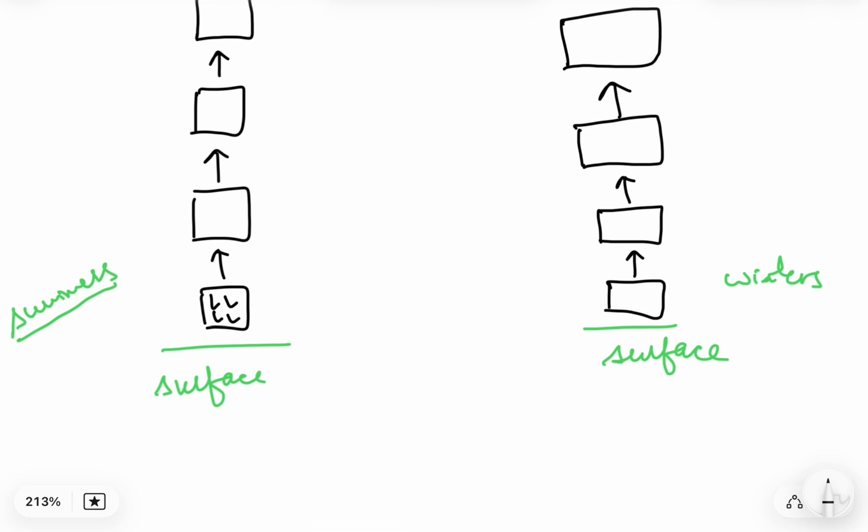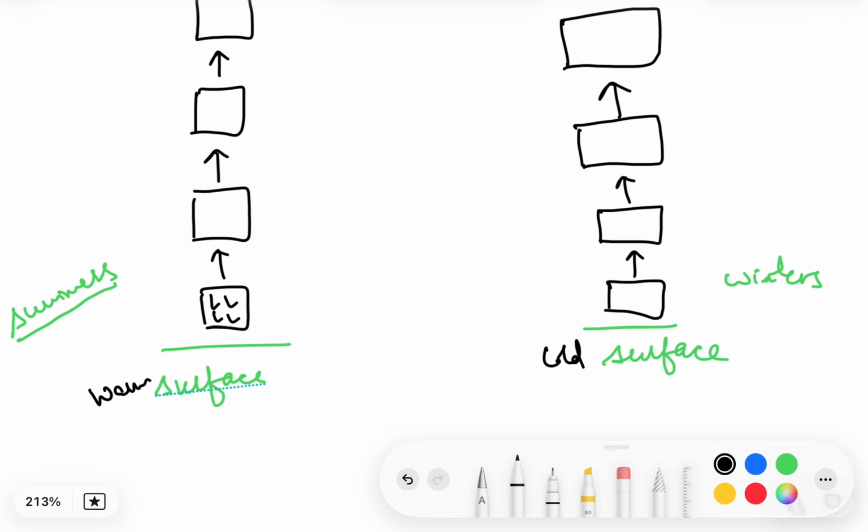Initially it has capacity to hold the water vapor, and in case of the cold, and this is warm surface. Cold air masses have the less capacity to hold the water vapor.